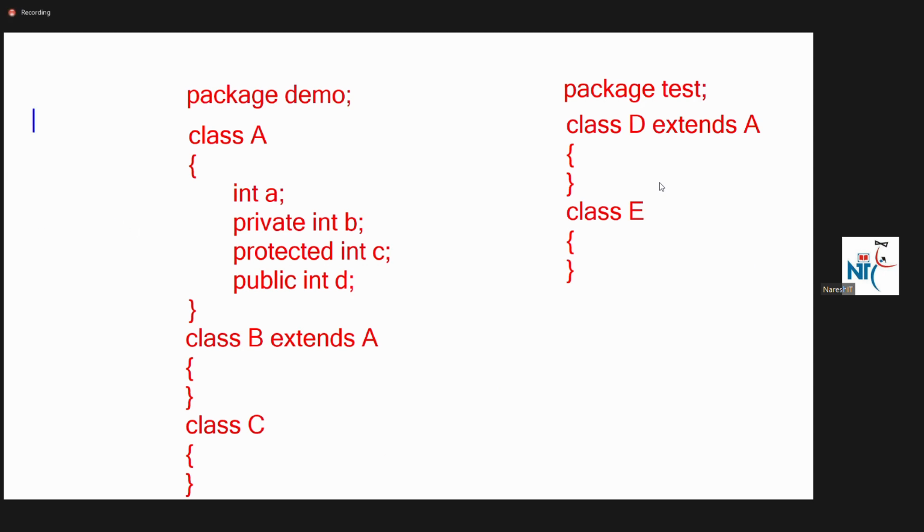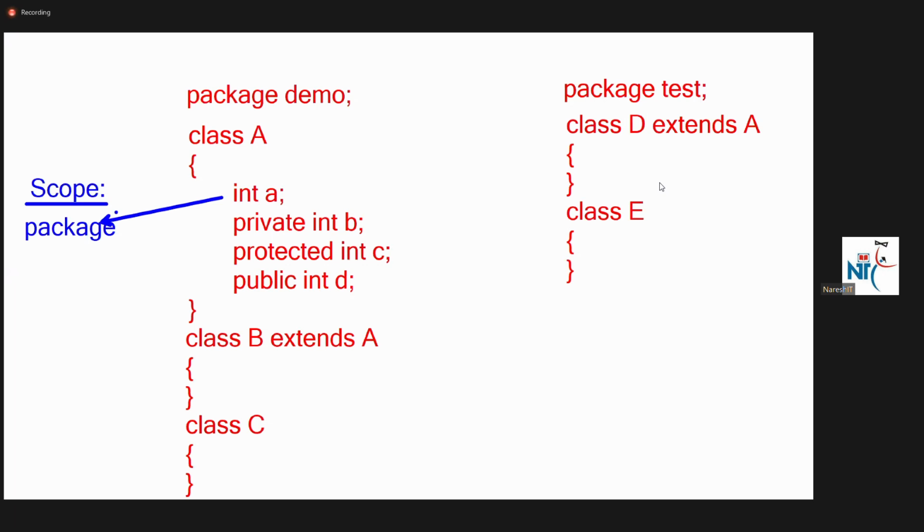Now scope. Scope of the variables. I'll give each variable's scope. This variable's scope is package. Package scope. The scope is package, so that variable A you can access in the entire package.